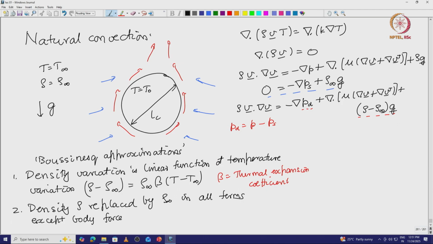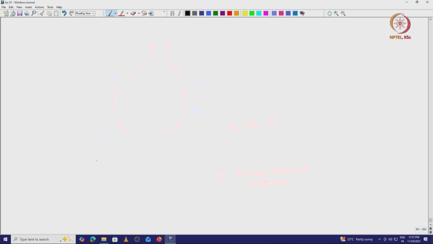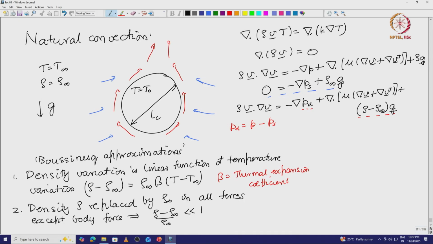This is valid for rho minus rho infinity by rho infinity much smaller than 1, that is, the density variation with respect to the density far from the object is much smaller than 1. So, you can replace the density by its value far from the object.